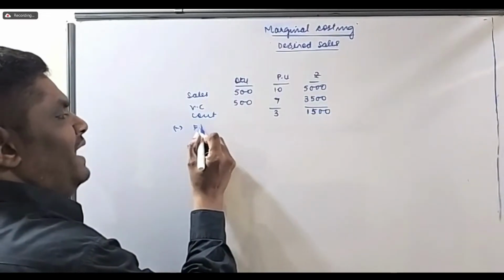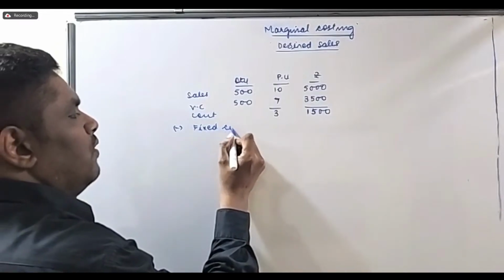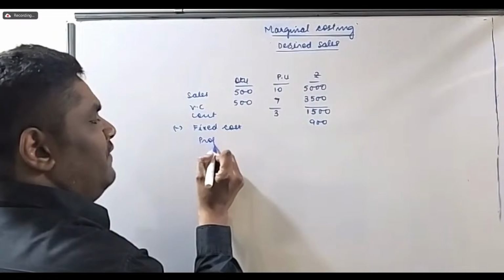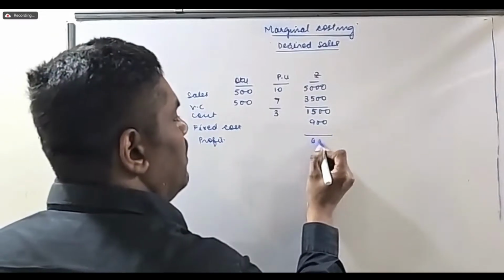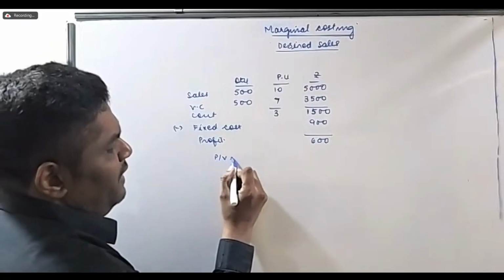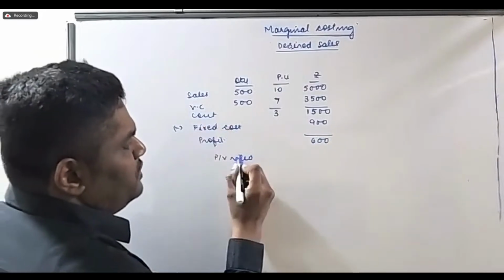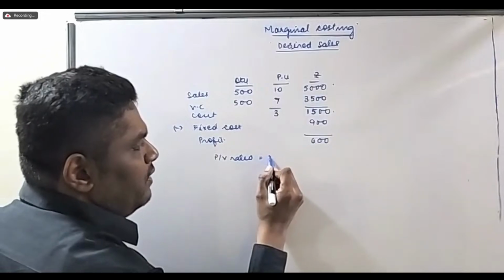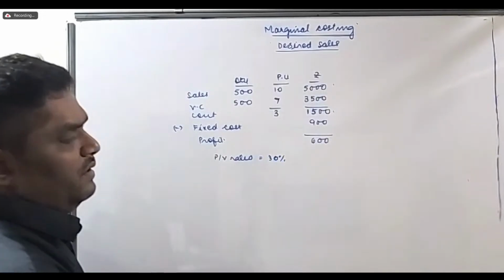If we subtract the fixed cost, let's say 900 is my fixed cost, we will get the final figure, that is profit. Now let's say again the relationship between contribution and sales, we can easily calculate, that is 1,500 divided by 5,000. So this will be 30%.